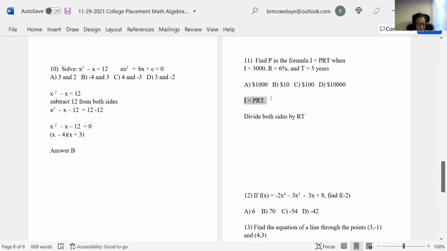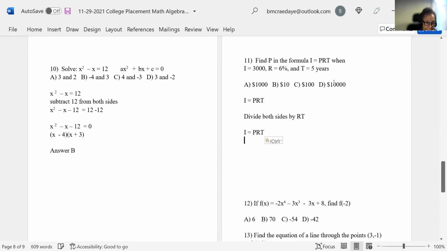So we want to divide both sides by RT. Let's just put the line in. Over here we'll have RT.